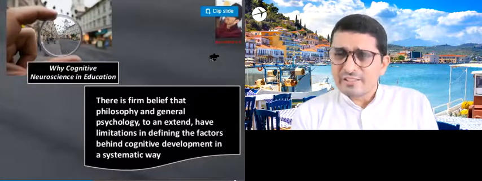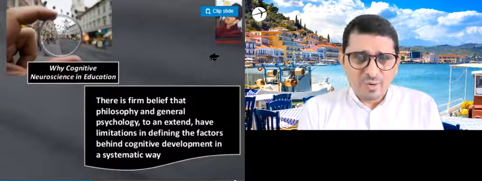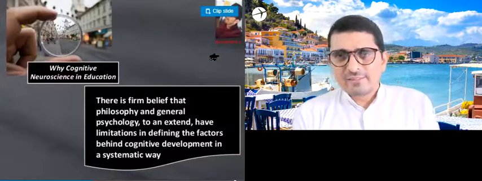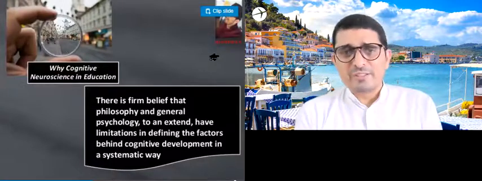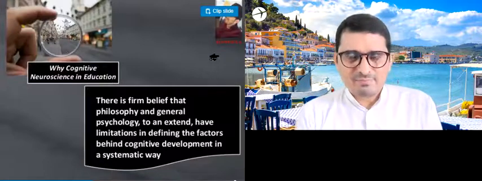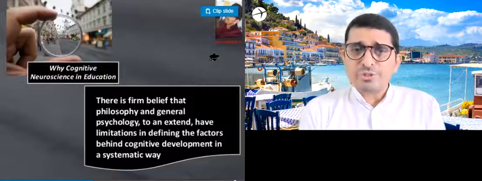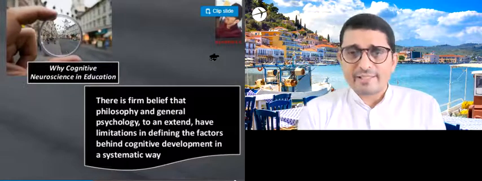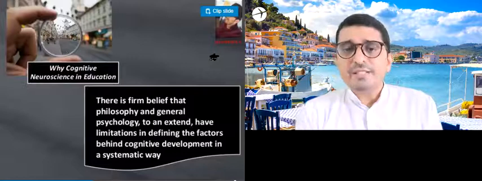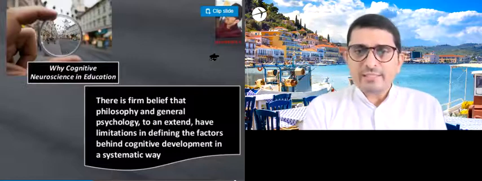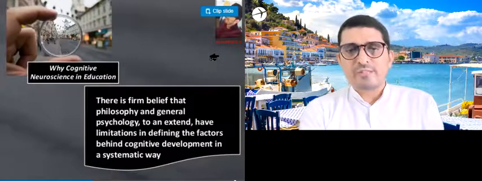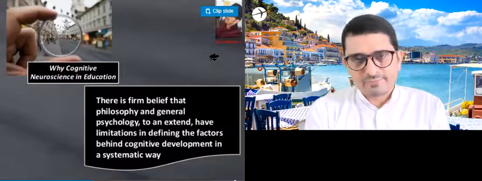Then is there any need of looking at the cognitive neuroscience? And this is because there is a firm belief that philosophy and general psychology, to an extent, have limitations in defining the factors behind cognitive development in a systematic way.